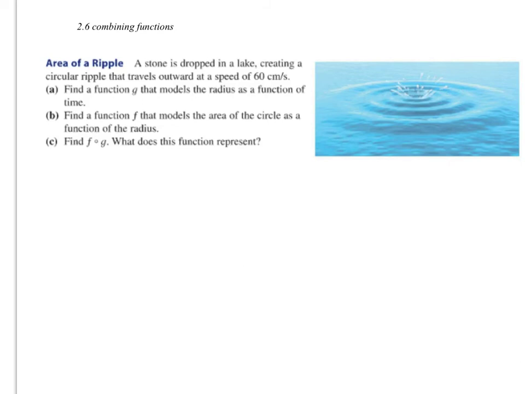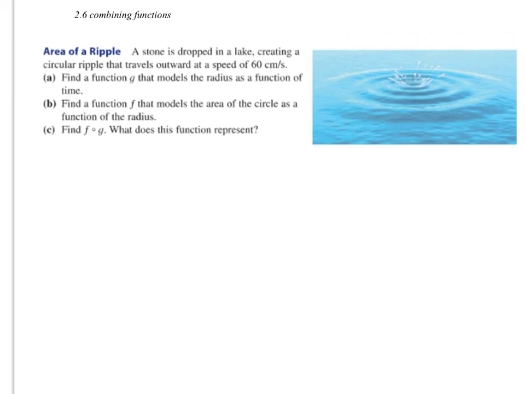We did the area of a ripple. So what we found out is that if we drop this stone into the water, it's going to create a ripple that expands outward at a speed of 60 centimeters per second.